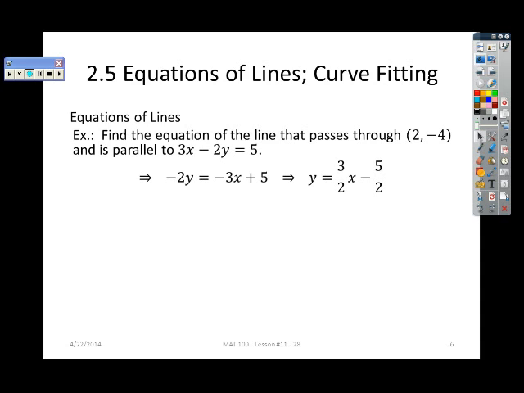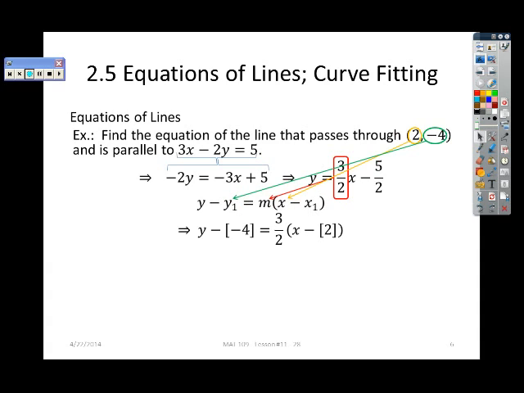There's my equation in y equals mx plus b form. On the slide, I'm using this other form. You put that number there, that number there, that number there, which gives me that, which when I rearrange it gives me that.